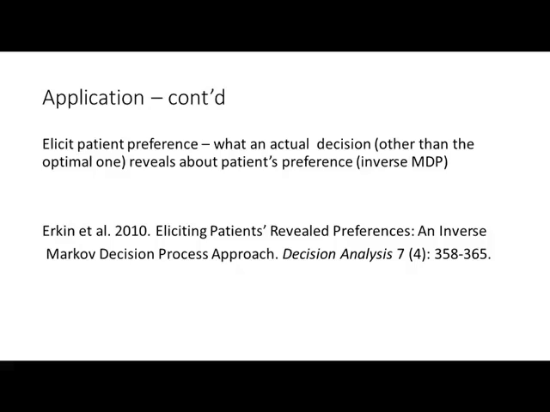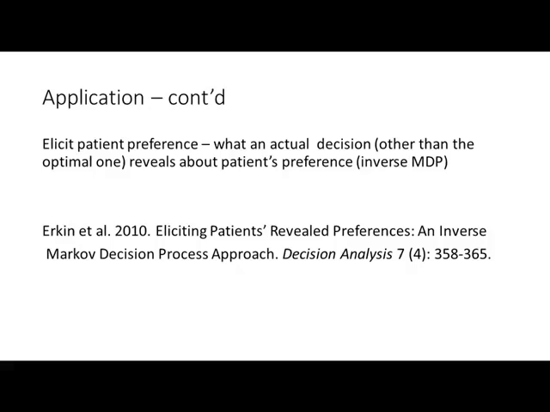But a patient may choose a decision that's not optimal. And how does this decision reveal this patient's preference? Because patient's preference is supposedly important, right? In medical decision making, and this is an inverse Markov decision process.